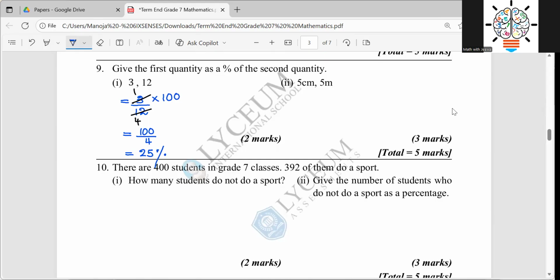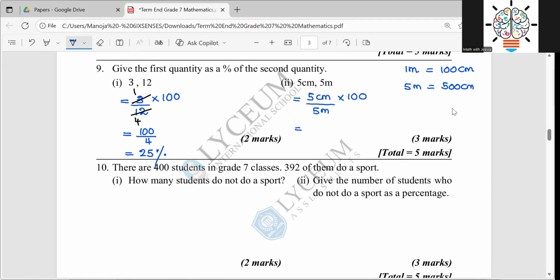Then the next one, when you write, you have 5 centimeters over 5 meters, and you multiply this by 100. So this is not easy because the numerator units and the denominator units, they are different. So you want to convert that. We know 1 meter is equal to 100 centimeters. Here that I have 5 meters, so then this should be 500 centimeters.